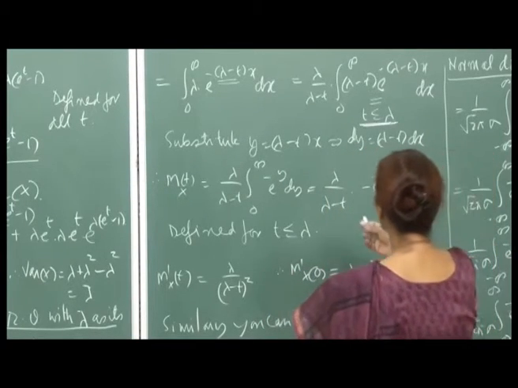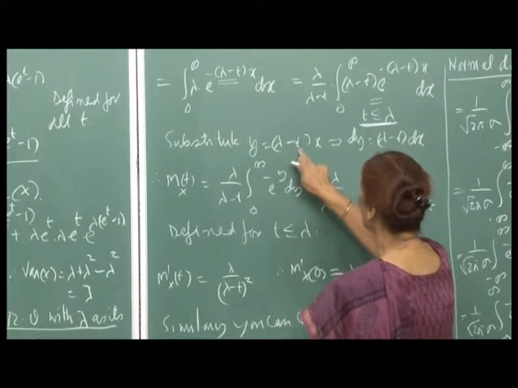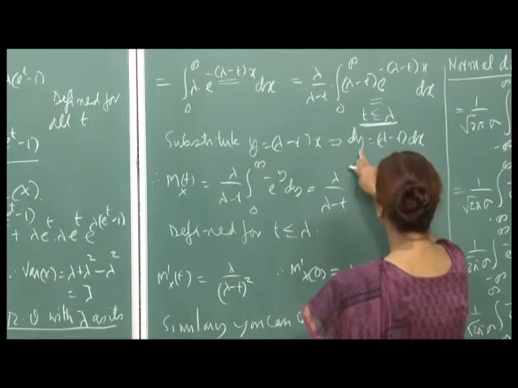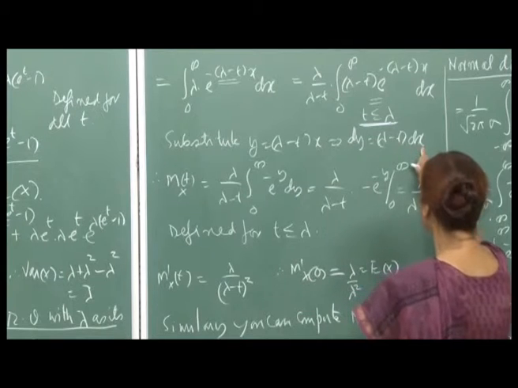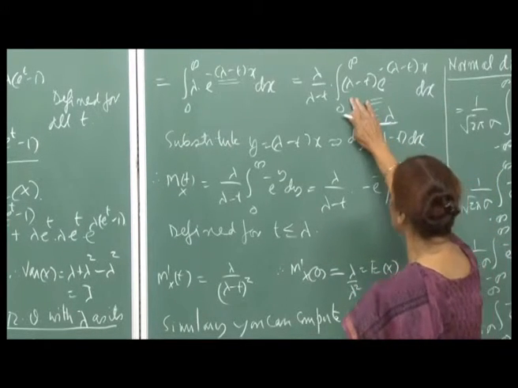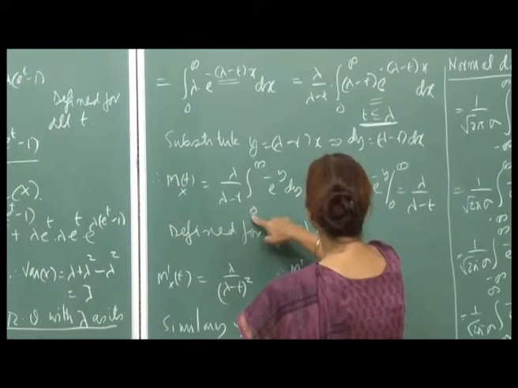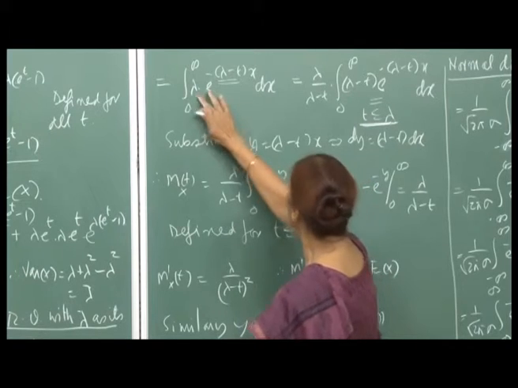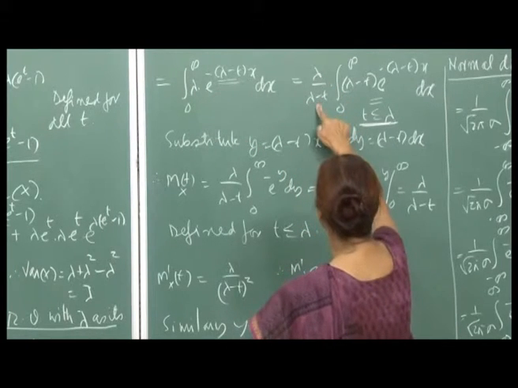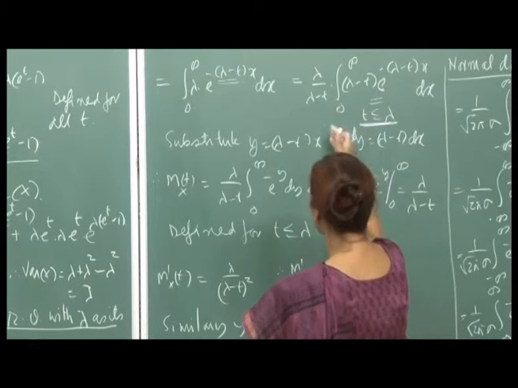Now, make the substitution to integrate this. You make the substitution y is equal to (lambda minus t) x, this gives you dy is (lambda minus t) dx, and therefore this integral transforms to lambda upon lambda minus t. See here, this lambda I wrote as lambda upon lambda minus t into lambda minus t, to get it in the proper form.